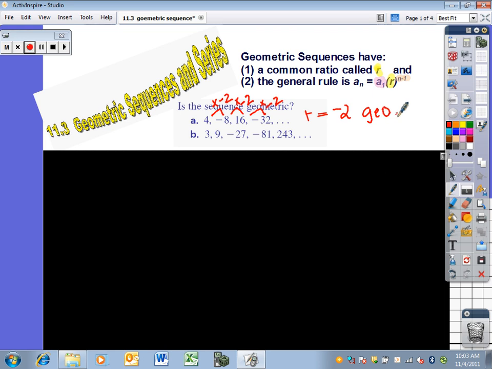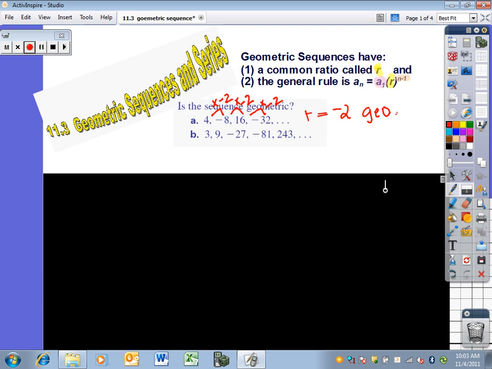Let's check B out. From 3 to 9, we multiply by 3. From 9 to negative 27, multiply by negative 3.